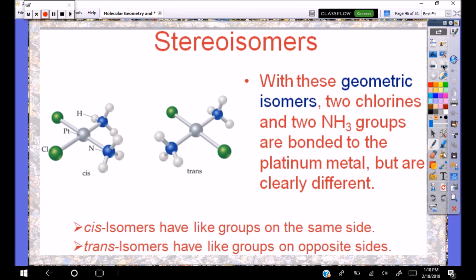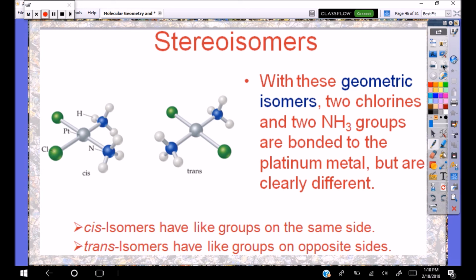Okay. We also have stereoisomers. Stereoisomers are when you have the same formula, but they are arranged in a different way. They're attached in the same way to a central atom, but they're arranged differently in space.